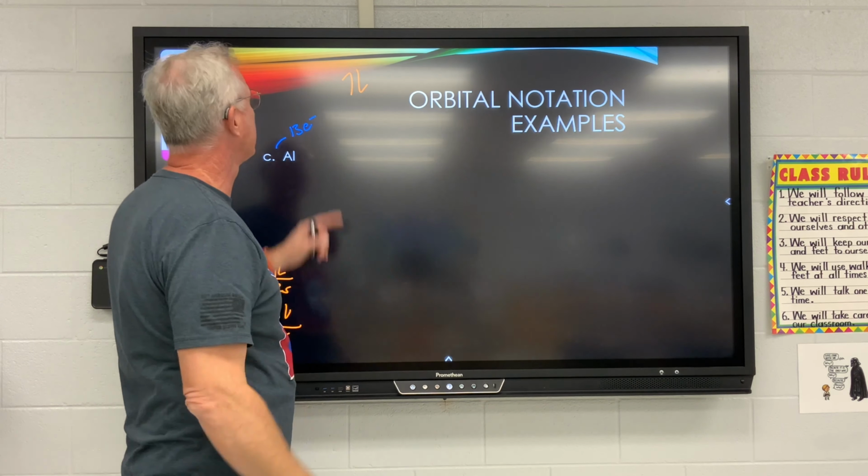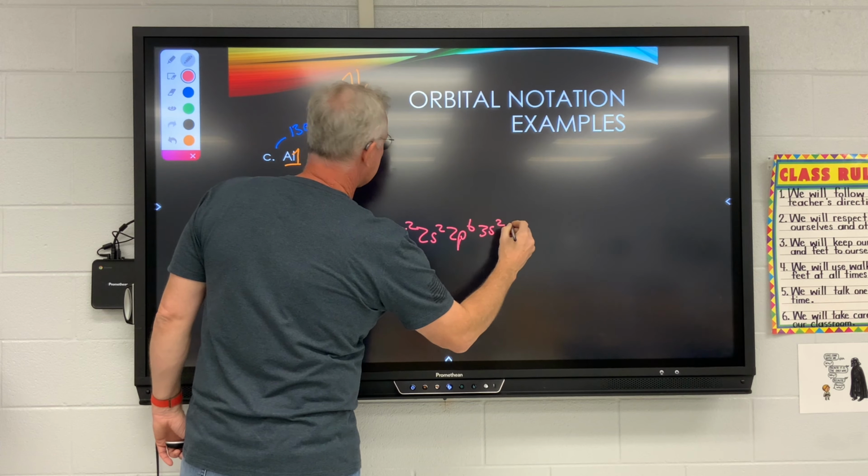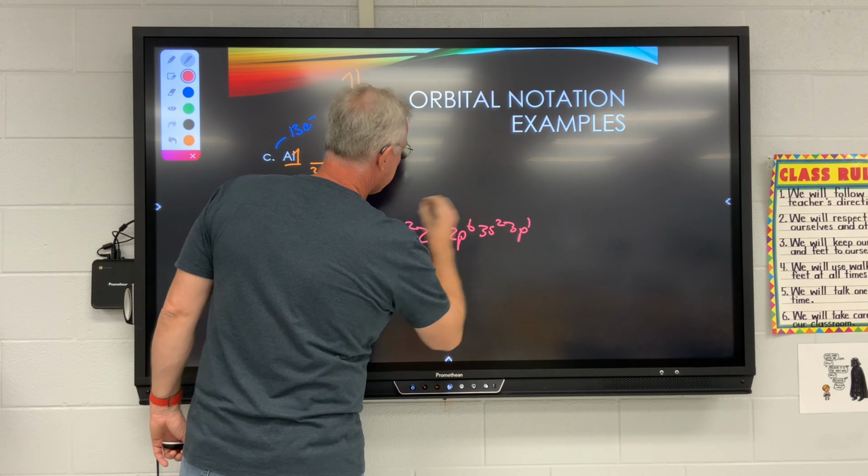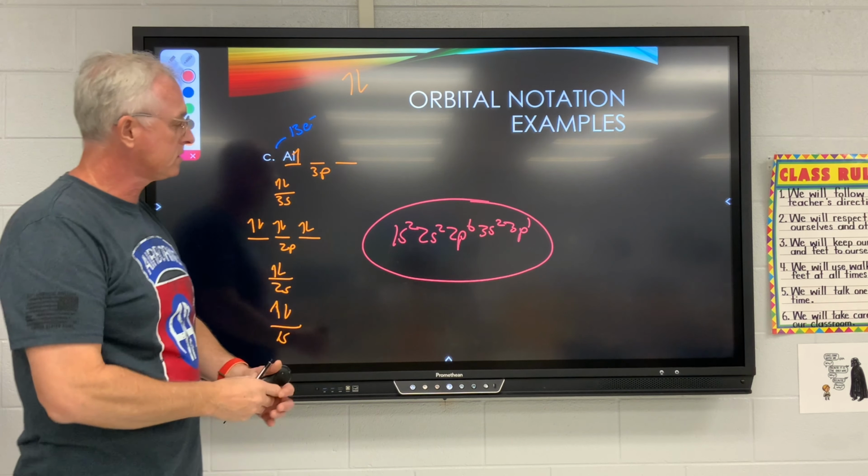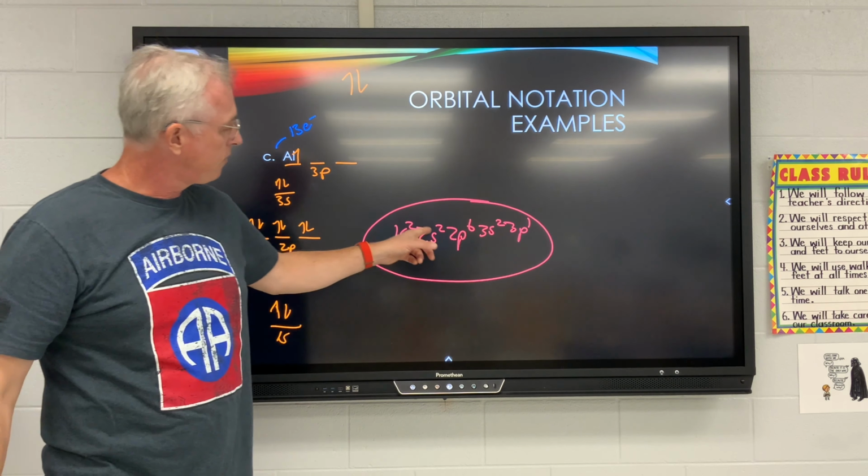So the electron configuration is 1s2, 2s2, 2p6, 3s2, 3p1. And if I count up the exponents, 2, 4, 10, 12, 13 equals the number of electrons, 13. The sum of the exponents equals the number of electrons.